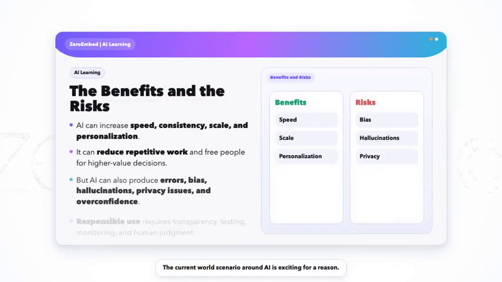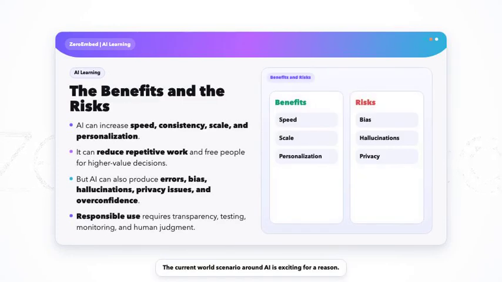The current world scenario around AI is exciting for a reason. AI can help teams move faster, serve customers more consistently, work across larger volumes of data, and personalize experiences at scale. But the risks are just as real. Models can be confidently wrong. Training data can carry bias.